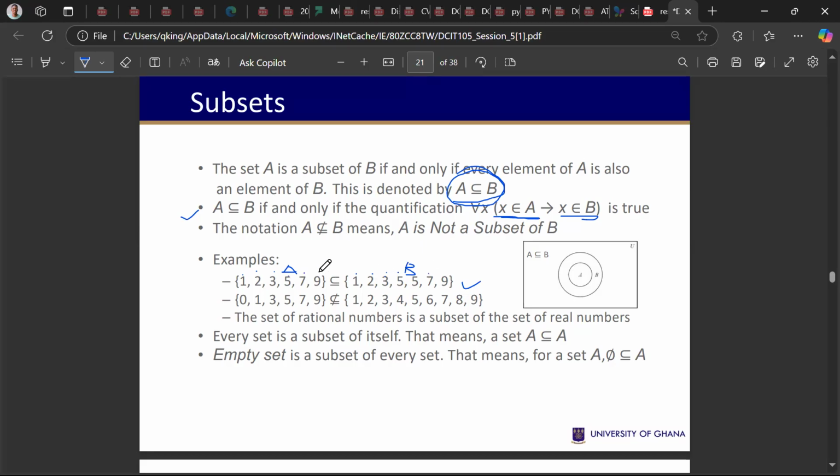And so, because we see all elements of set A in set B, we can clearly say that set A is a subset of set B.